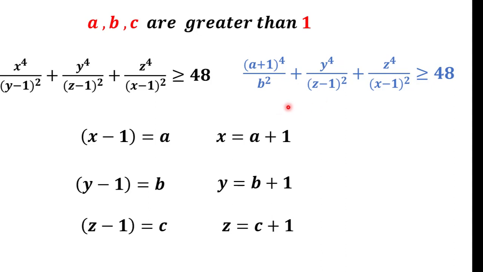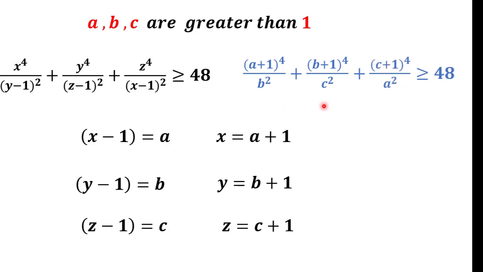The second fraction, by replacing y by b plus 1 and z minus 1 by c, becomes (b plus 1) to the power 4 over c squared. And the third fraction, by replacing z by c plus 1 and x minus 1 by a, becomes (c plus 1) to the power 4 over a squared.